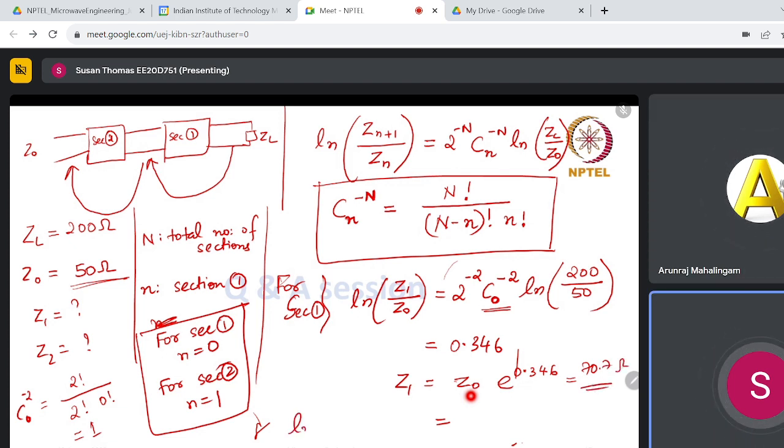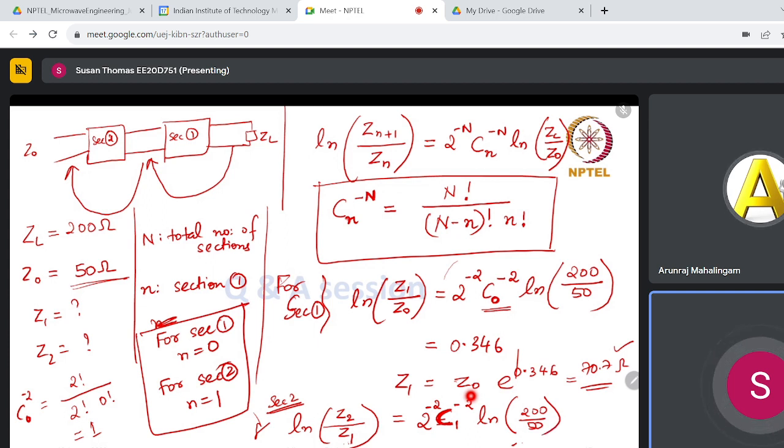Similarly, try to do it for the second section. For section 2, ln of Z2 divided by Z1, whatever value you calculated for Z1 has to be substituted here. So ln of Z2 by Z1 is equal to 2 raised to minus 2 into C1 raised to minus 2 ln of 200 by 50.